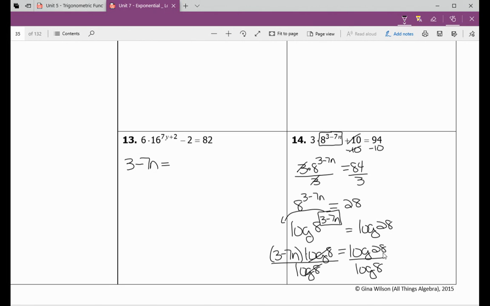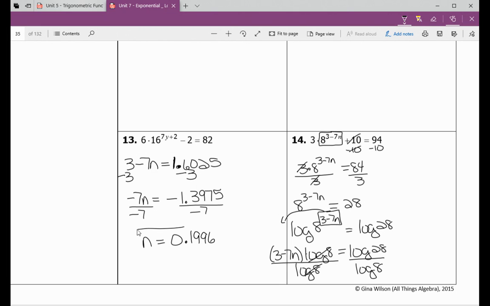When I divide log 28 by log 8, I should get 1.6025. From that point, I'm going to subtract 3. That gives me negative 7n equals negative 1.3975. And then I'm going to divide both sides by negative 7. And that gives me 0.1996. And that is my actual answer.